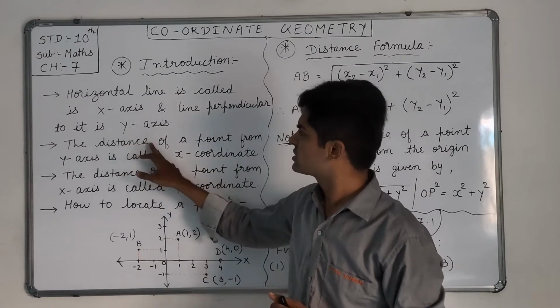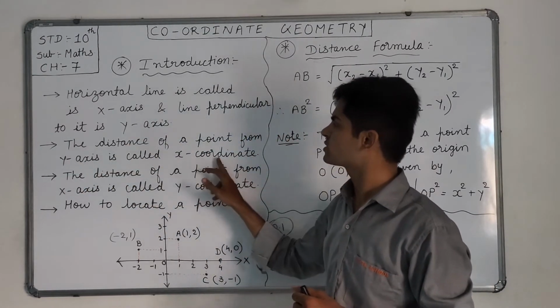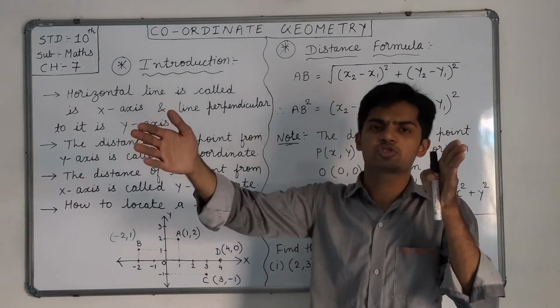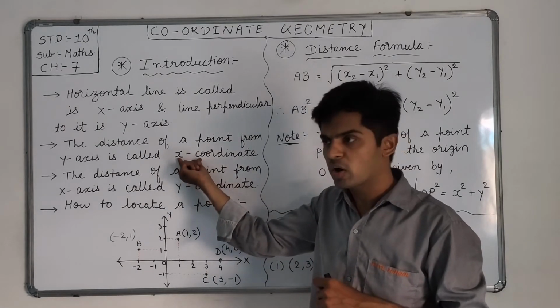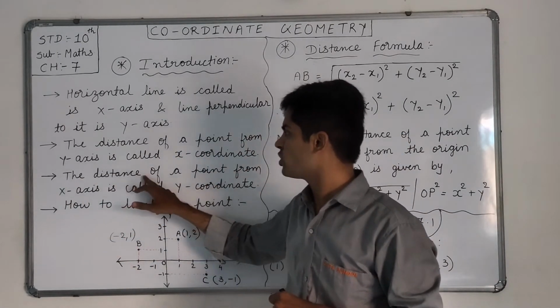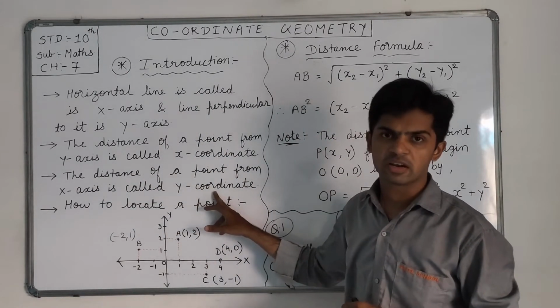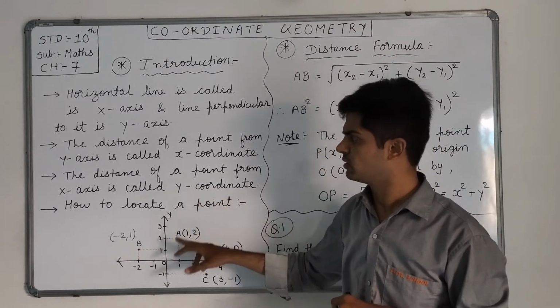Okay, the distance of a point from the y-axis is called the x coordinate, and the distance of a point from the x-axis is called the y coordinate. All these things we had already studied in our 9th standard.